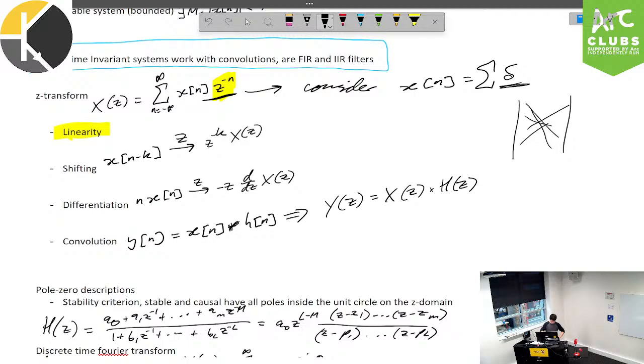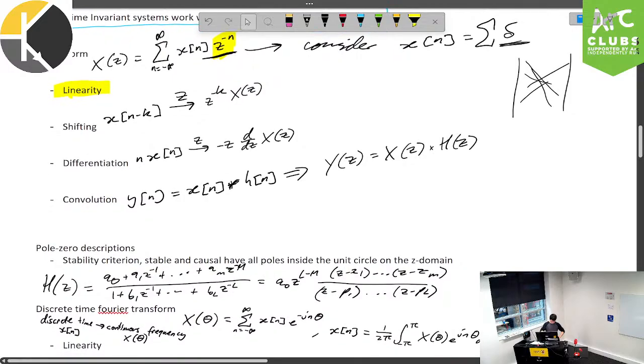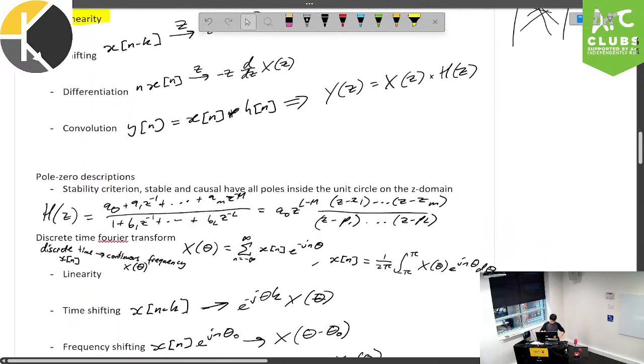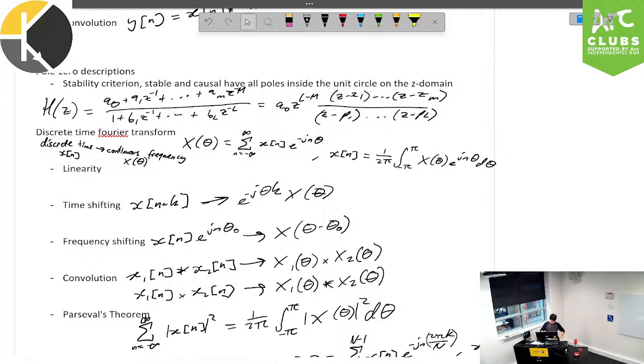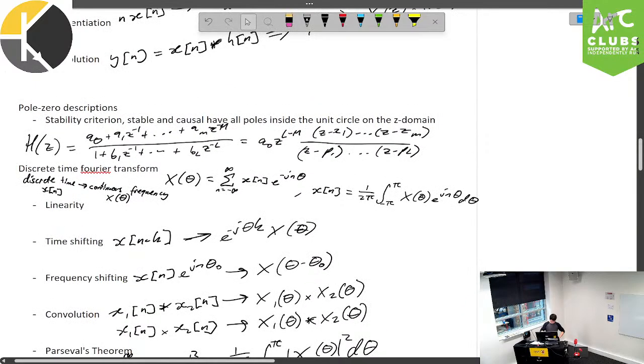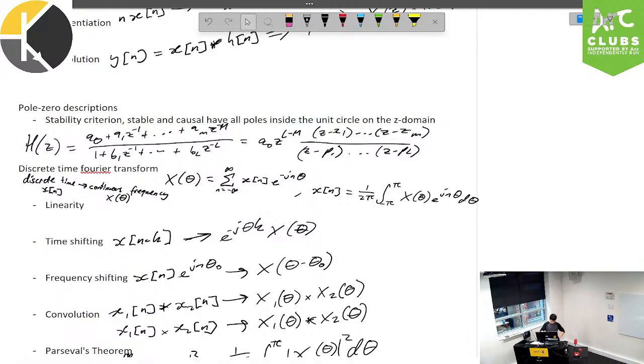So in the time domain, we have a convolution, and in the Z domain, we have a multiplication. And in some instances, it might be vice versa. Anyways, this brings us to pole zero descriptions of our signals and their relative frequency responses. This is how we notate them, and we can just keep on moving.